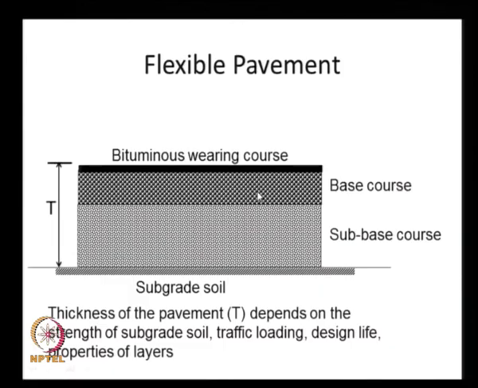The base course usually consists of very large stones, whereas the sub base course may consist of smaller stones. The total thickness T of the pavement, consisting of the sub base course, base course and the wearing course, depends on the strength of the subgrade, the traffic loading, the design life, the properties of the individual layers and so on.